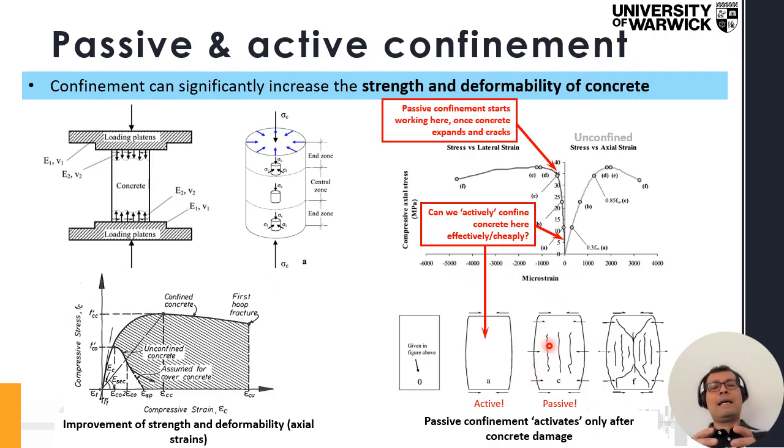So you need a certain level of damage in your cylinder, some cracks there, to activate the confinement. With the active confinement, on the other hand, we can apply some pre-stressing on the confinement and activate it much before that, even before the concrete cracks.